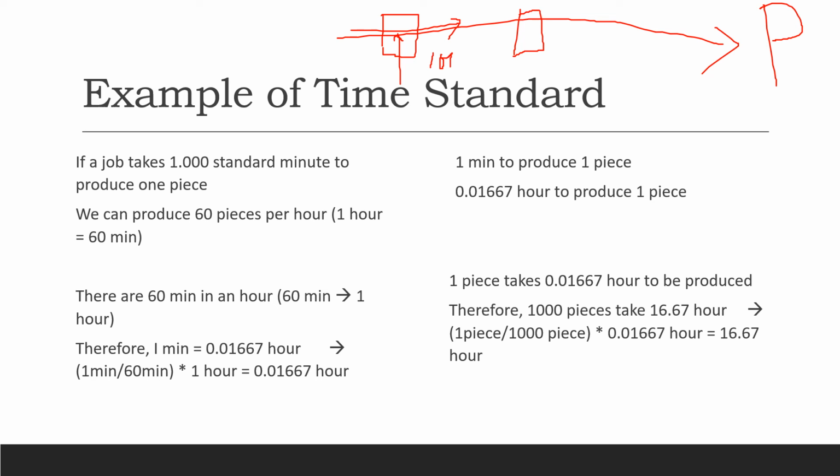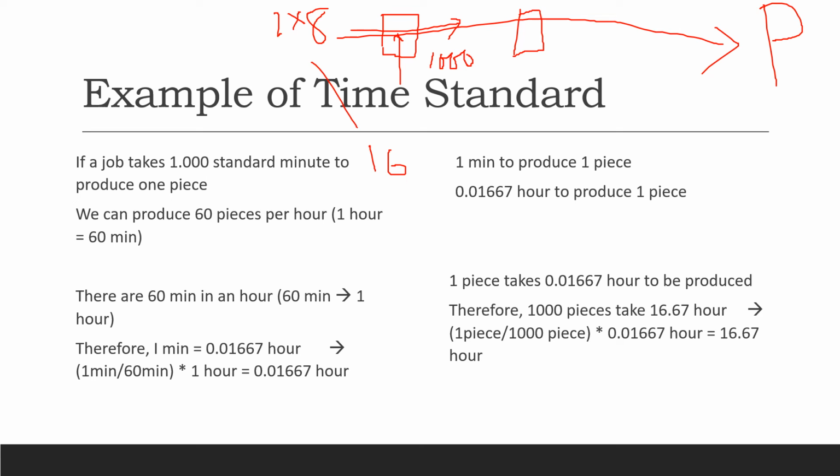And 1,000 pieces have got to go through in 2 8-hour shifts. So 2 8-hour shifts is approximately 16 hours, right? So about 16.67, so 67% is the standard deviation, plus or minus.